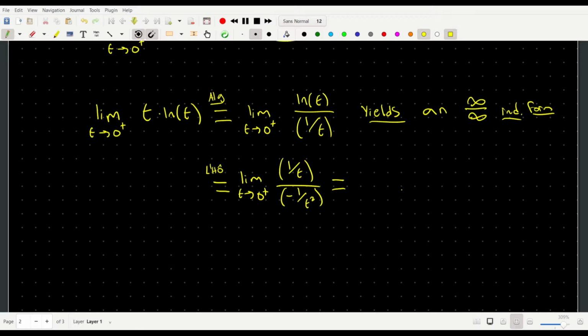And this now is equal to the limit as t goes to 0 from the positive of t squared over t times negative 1, negative t squared over t, which is the same thing as the limit as t goes to 0 from the positive of negative t, which is just equal to 0. And thus we've obtained the correct value of this limit, and we've shown that this limit in fact does exist, which is very, very neat.